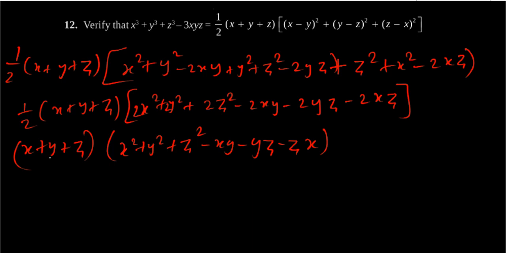In the previous problem we have substituted and done problems also. So (x plus y plus z) into (x square plus y square plus z square minus xy minus yz minus zx) can be written as x cube plus y cube plus z cube minus 3xyz. If you multiply these two also, we will get this one.